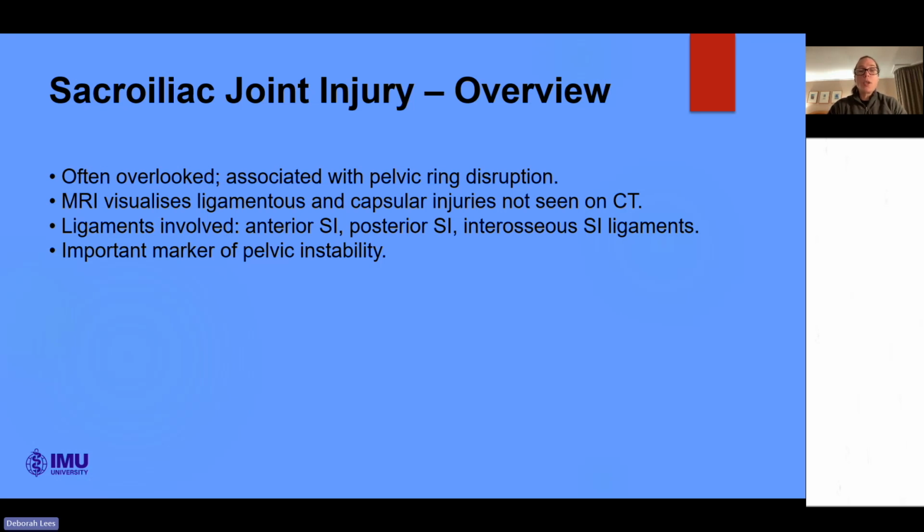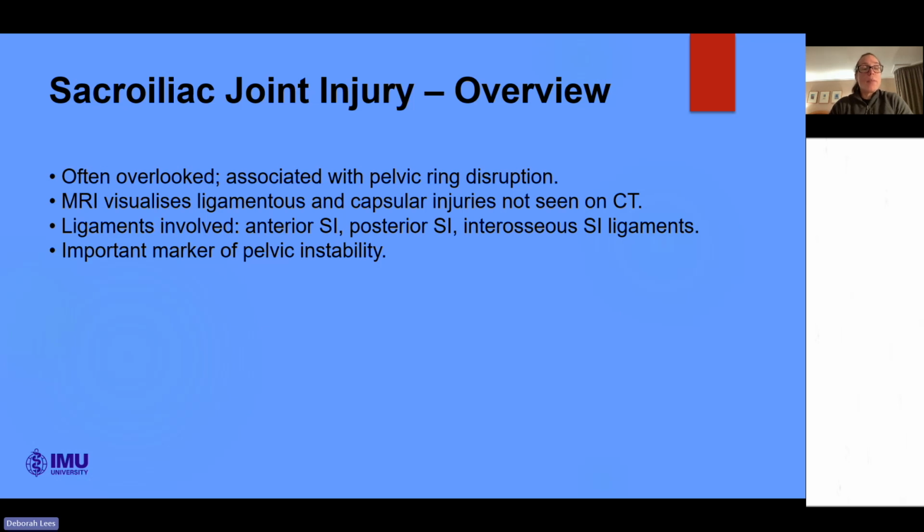Some of the clues that you can get is if they've got fracture of the L5 transverse process, and if they've got disruption of the iliolumbar ligaments as well, that's normally an indication. But with your transverse fracture L5, you do need to think, do you have an occult pelvic injury there?